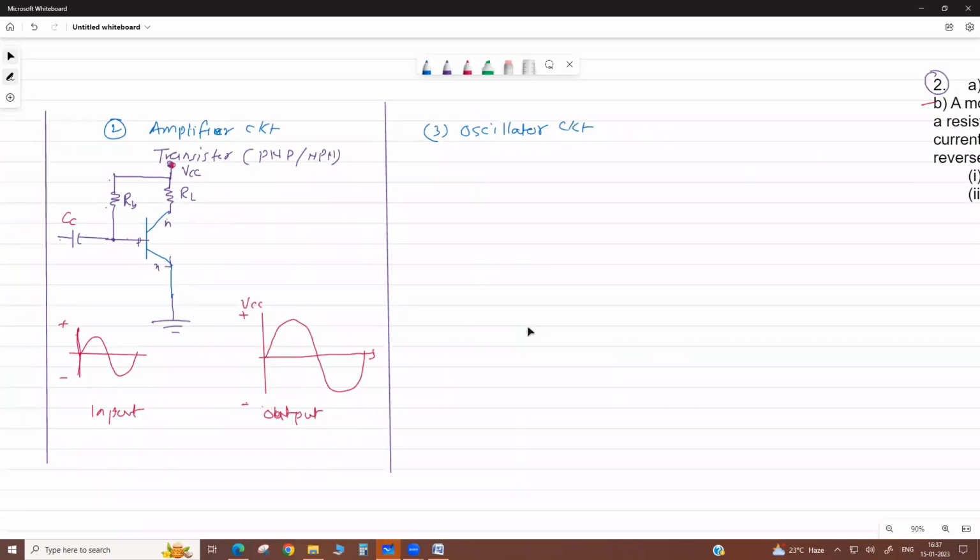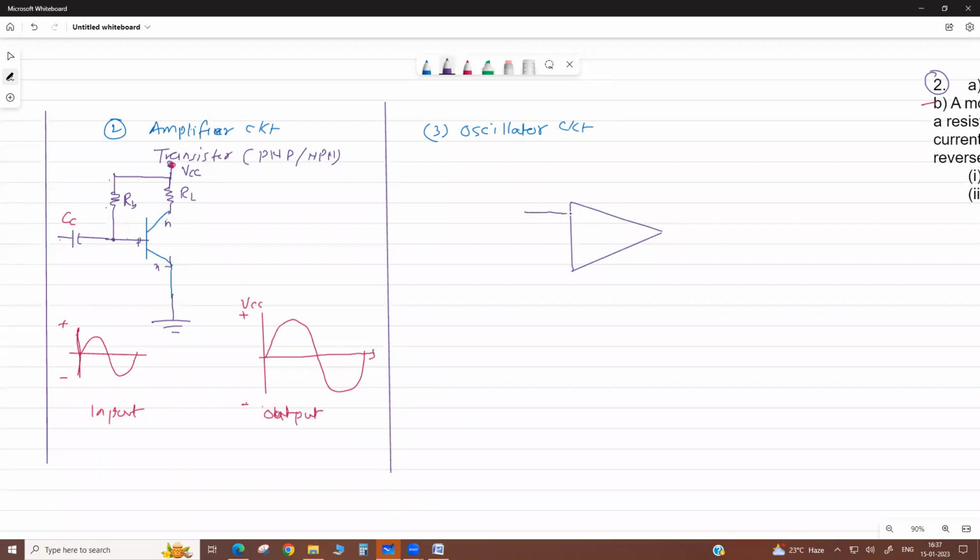Now the oscillator. We use an op-amp, an operational amplifier, as an oscillator.